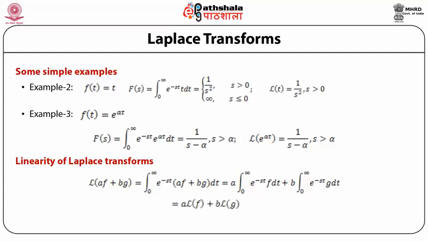This is equal to a times the integral from 0 to infinity of e raised to power minus st f dt plus b times the integral from 0 to infinity of e raised to power minus st g dt. This is equal to a times Laplace of function small f plus b times Laplace transform of function small g. Hence, the theorem of linearity is proved.